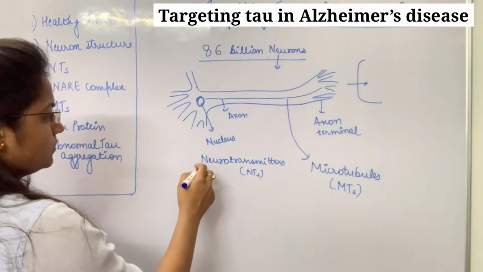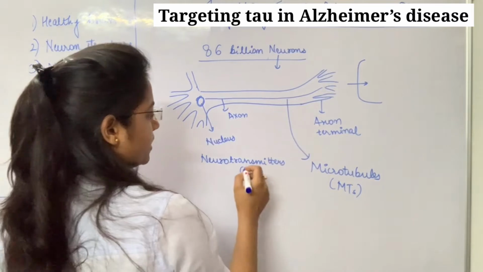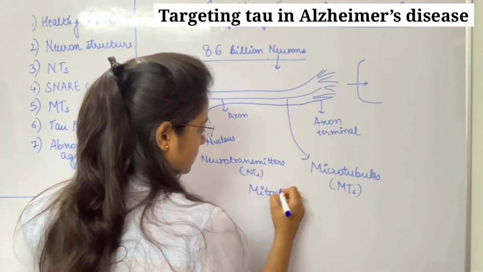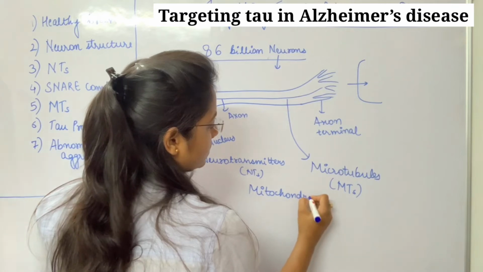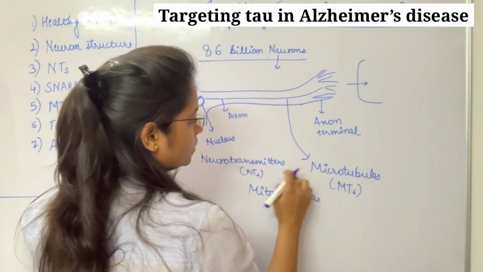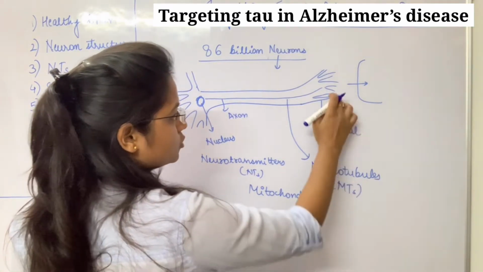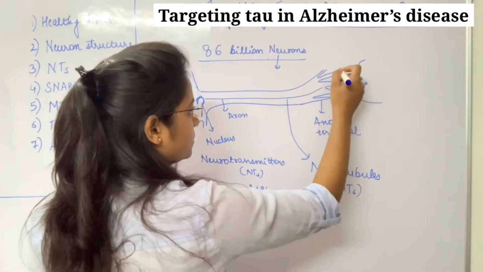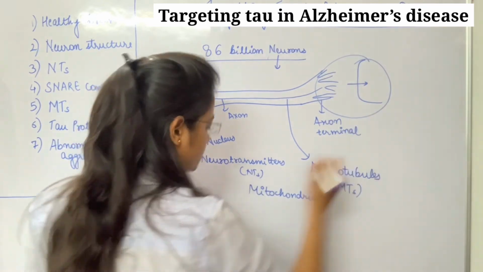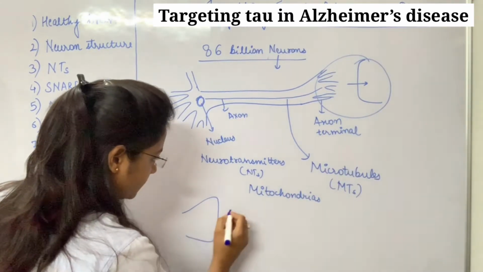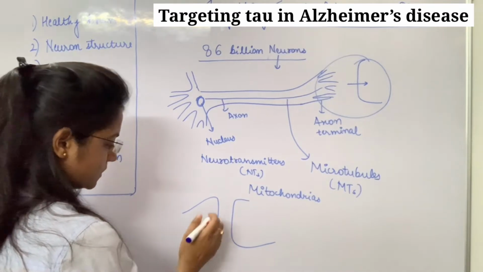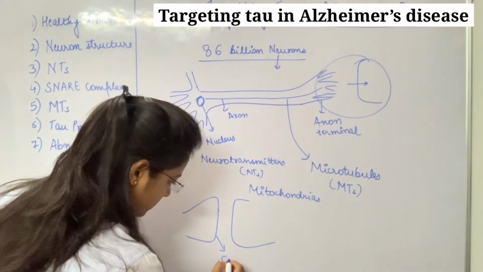Now these neurotransmitters are transmitted along with mitochondria through these microtubules to the axon end. Now what they do here is, I'll draw this particular structure. For example, these are the two ends of the axons, the SNARE complex.